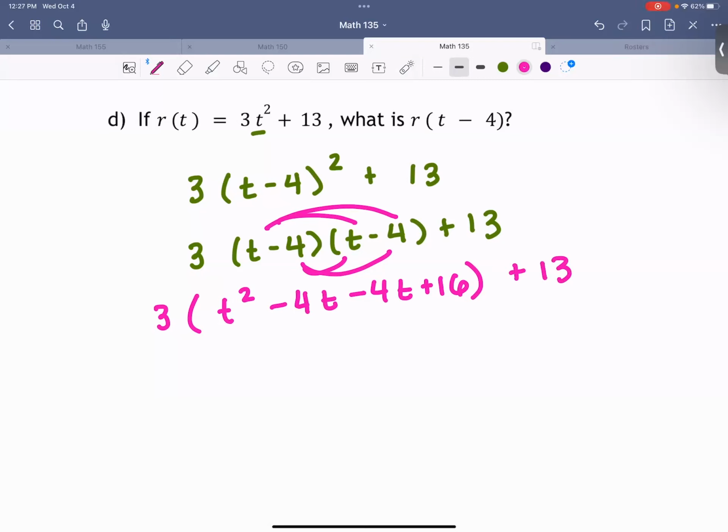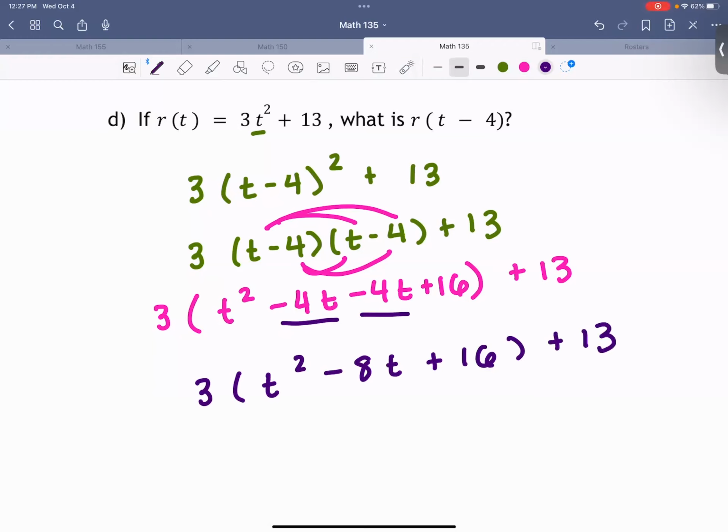All right. Now what can I do? Yeah, I can combine like terms. I think a lot of people multiplied 3 next, but let's combine like terms next. We have a negative 4t and a negative 4t. Let's combine those together: 3t squared minus 8t plus 16 plus 13.